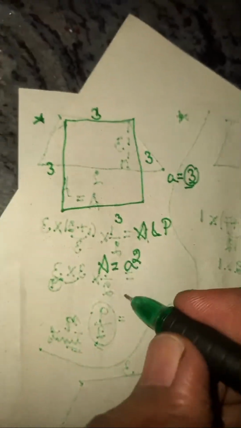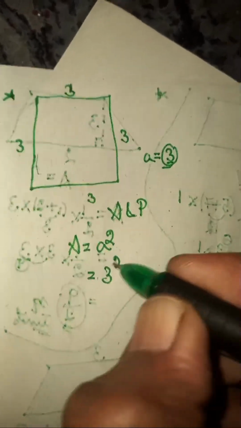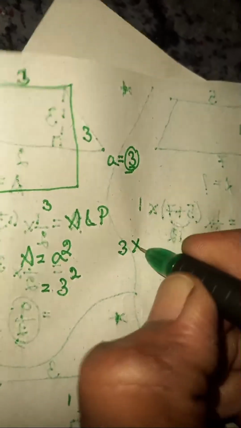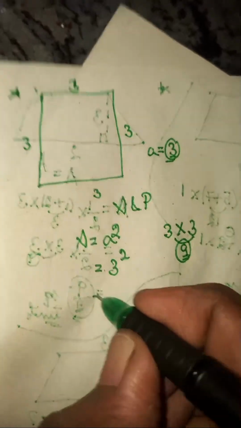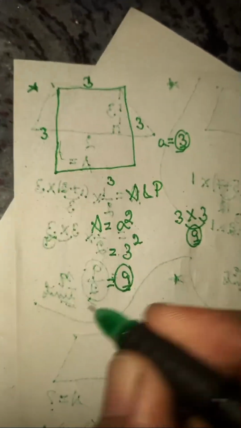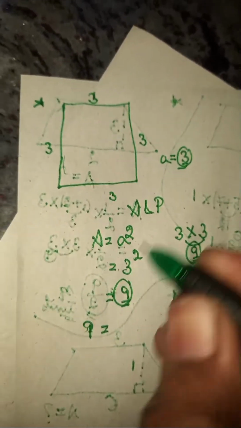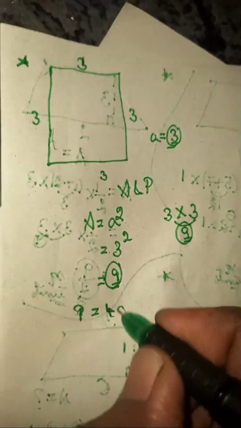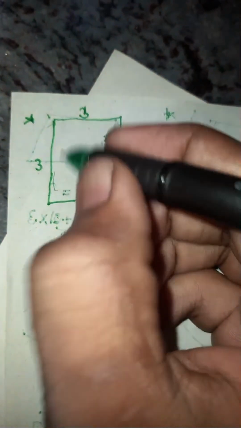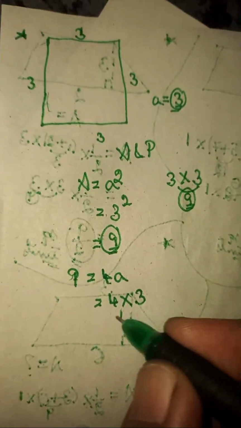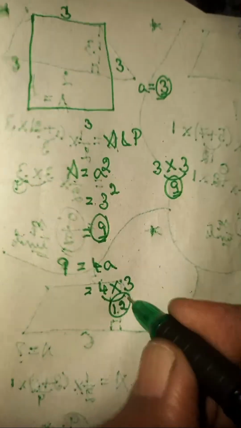Now a squared means it is 3 squared. 3 squared meaning 3 times 3 you need to multiply. 3 times 3 is 9. It is 9 square units. And now the perimeter is 4a. That means 4 times the side length you need to take, that is 3 units. 4 times 3 units, which is equal to 12 units.